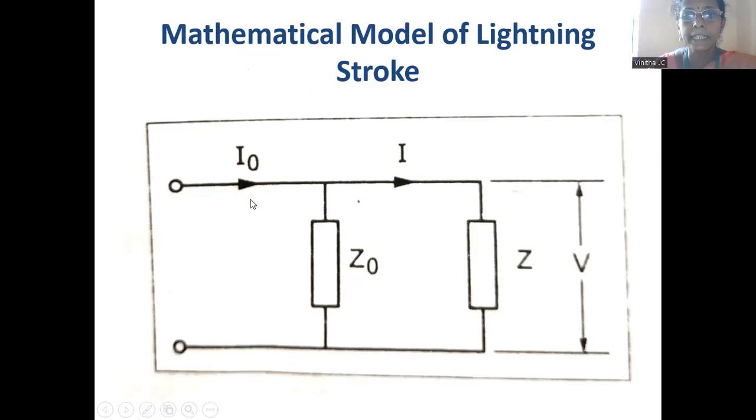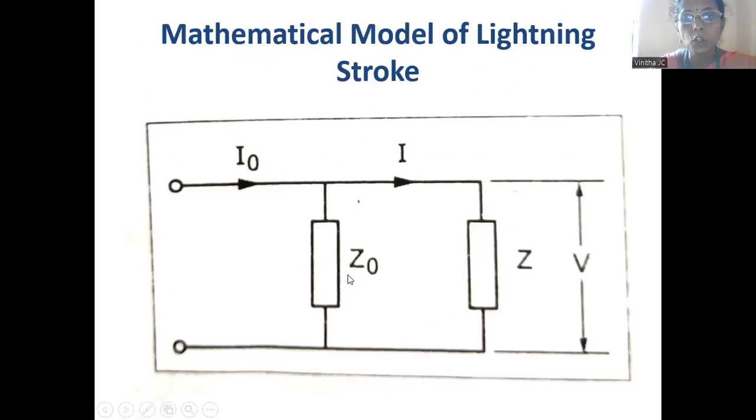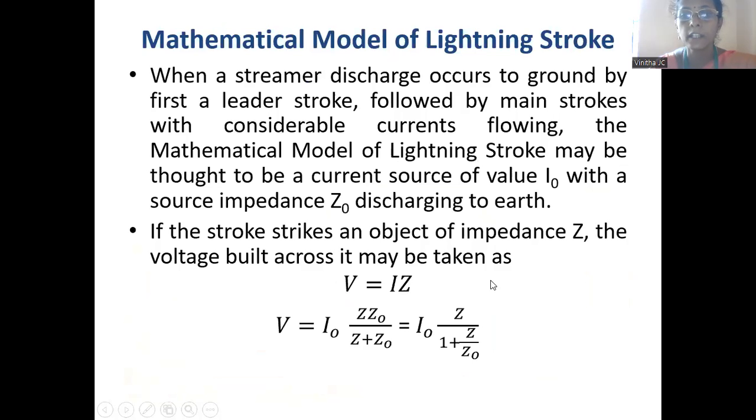So we can apply the current division rule. So here the total current into opposite resistance divided by total resistances. So what is the total current? Total current is I naught, into its opposite resistance. So what is its opposite resistance? It is Z, divided by total resistances, Z naught plus Z. So this is the formula to calculate V.